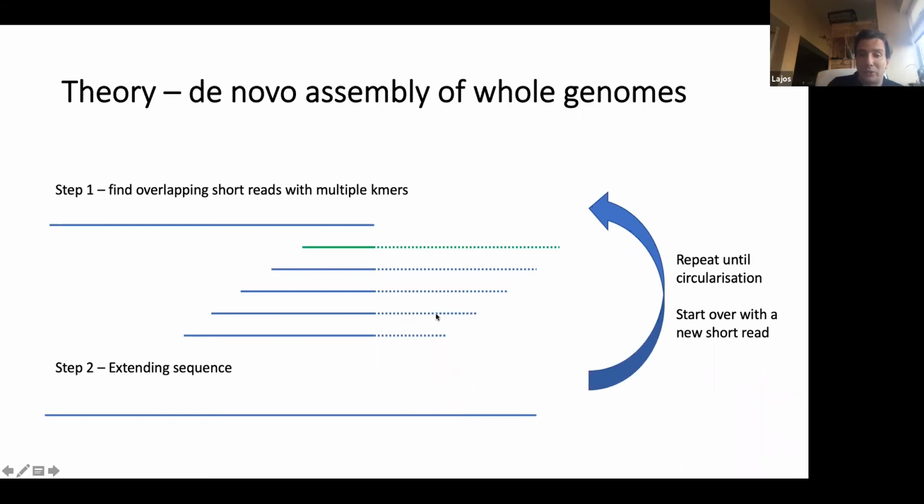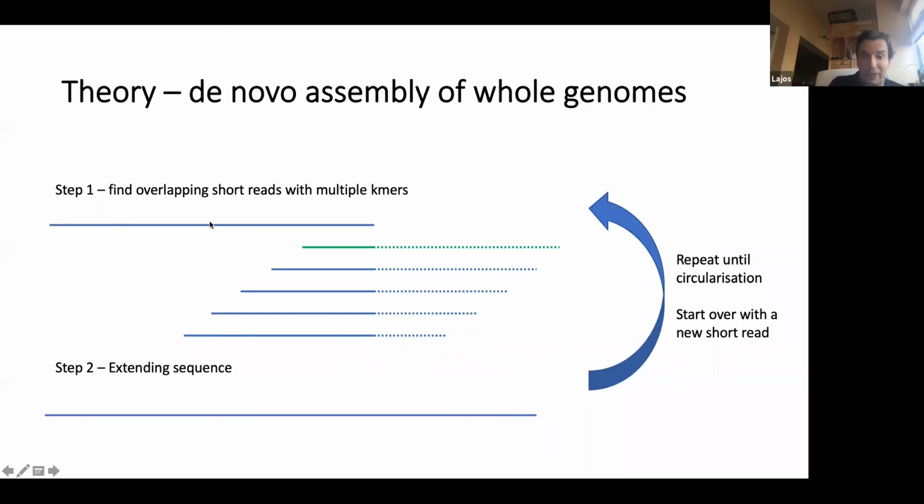That's why they usually use multiple k-mers and multiple comparisons, and choose, probably with some kind of probability calculations, the most probable extension of each short read.